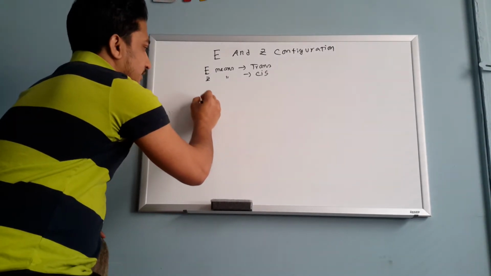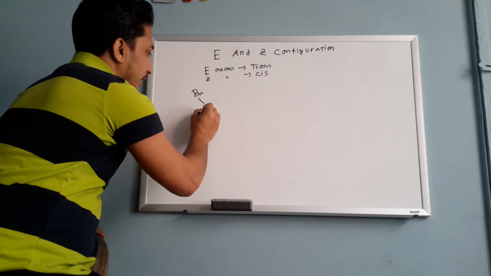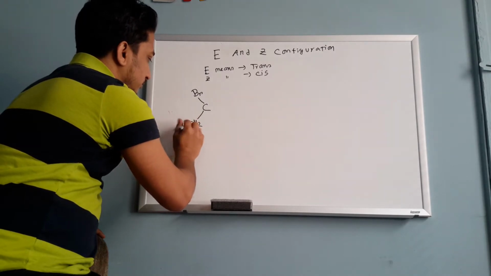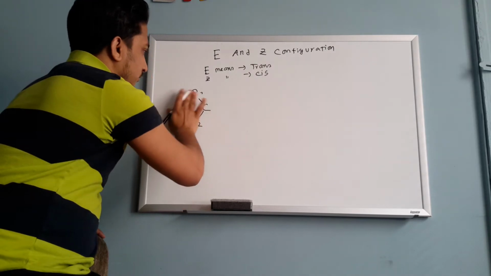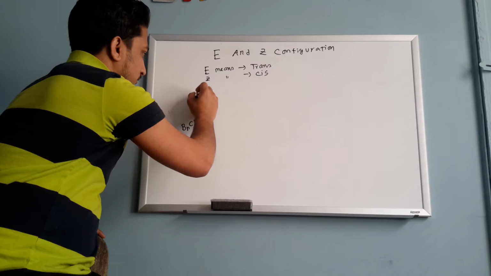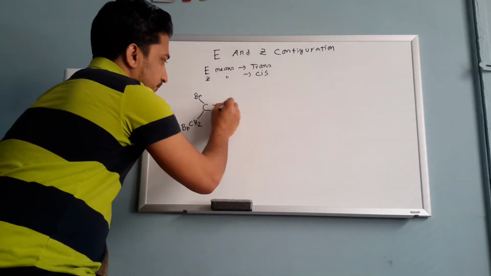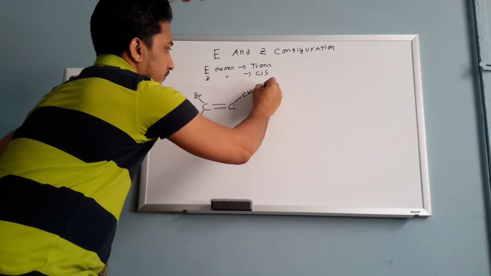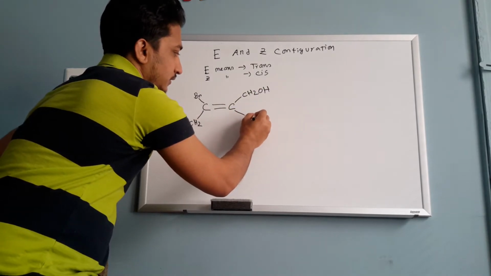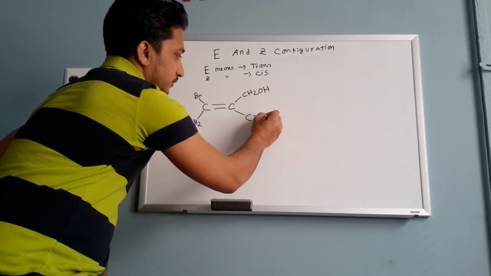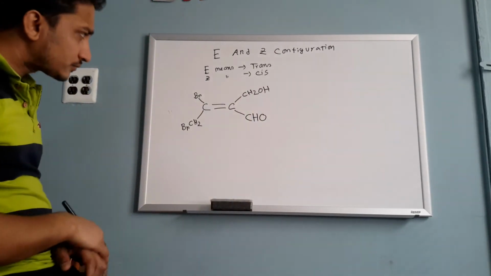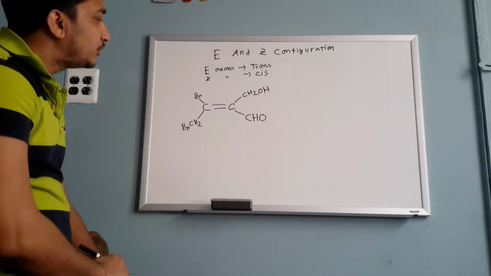For example, we have a bromine and we have a CH2, then we have this one, then we have C double bond O. Tell me whether this one is E configuration or Z configuration.